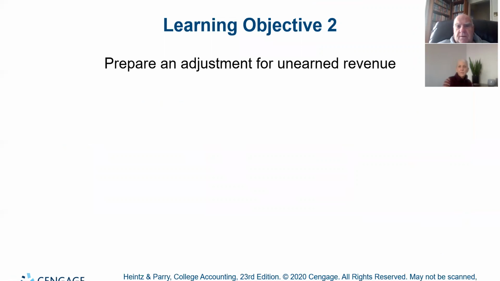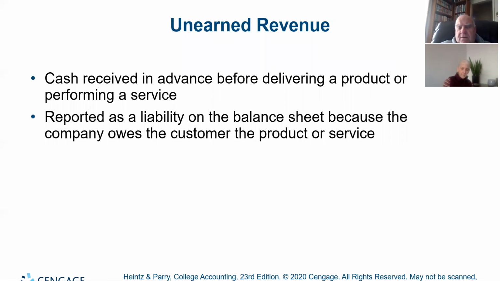Continuing. Now here, look at this. Prepare an adjustment for unearned revenue. We know how to do this already. These are the gift cards. This is you giving the lawyer, you getting a retainer if you're a lawyer. Cash received in advance before delivering a product or performing a service. You remember that?